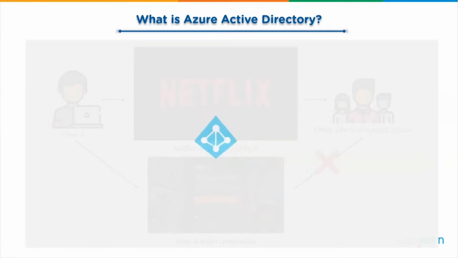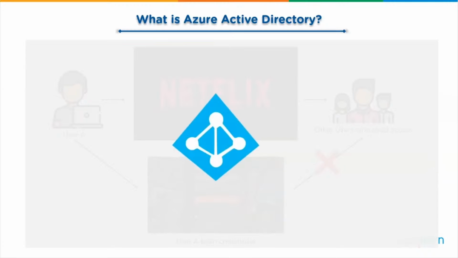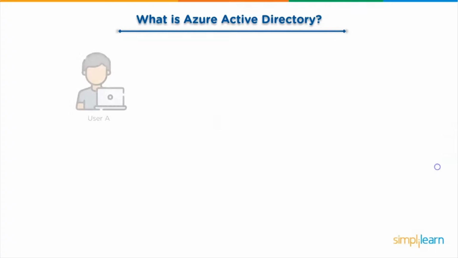Here enters Azure AD. The Netflix application is available in the Azure AD gallery and can be added to your Azure AD tenant. This adds the application to your tenancy and allows you to save your Netflix credentials in the secured credential store so that users can be assigned to it.